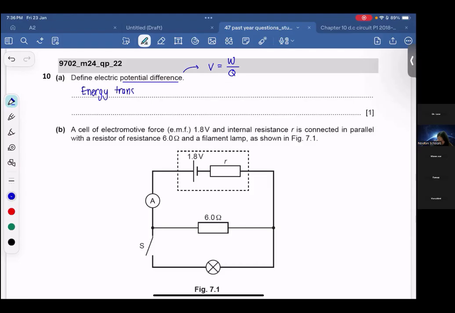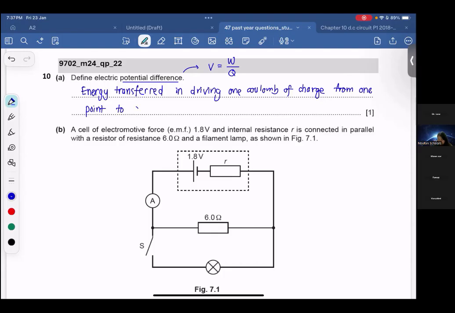So here we write down energy transfer in driving one coulomb of charge from one point to another point, or across a component.